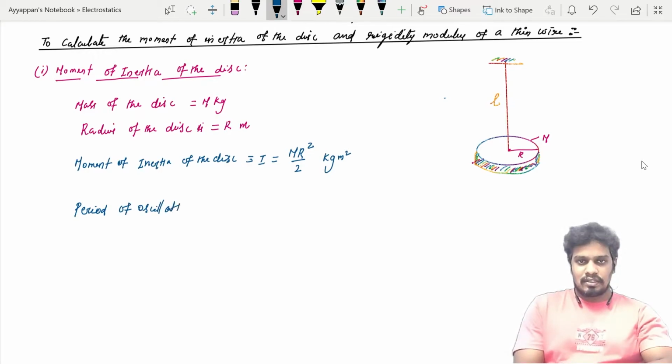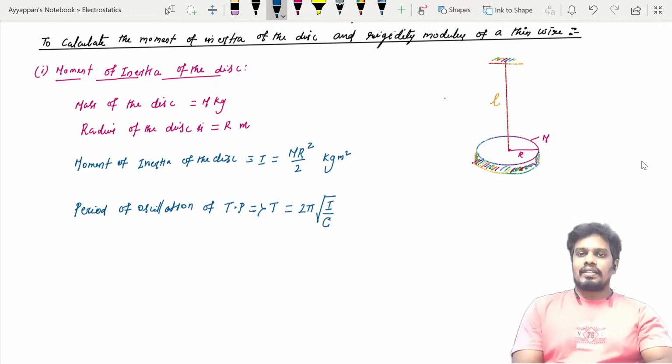Usually we represent the period by T, and it is equal to 2 pi, the constant, times the square root of the moment of inertia of the disk or the system divided by the couple per unit twist. This is how we can calculate the period of oscillation of the torsional pendulum.